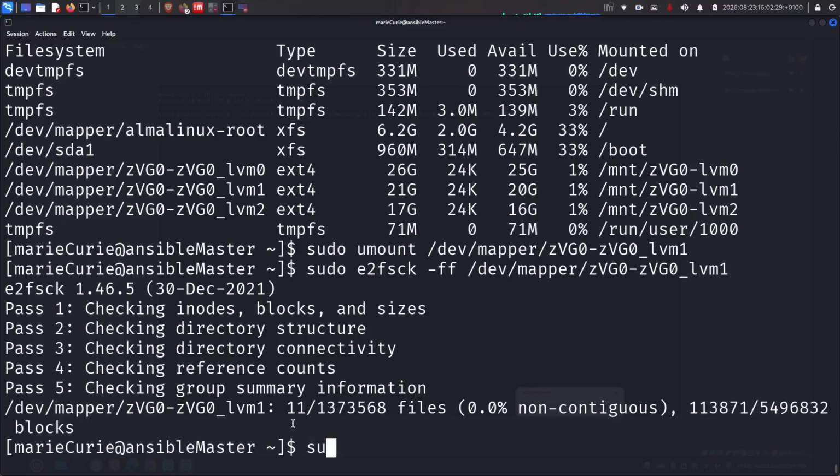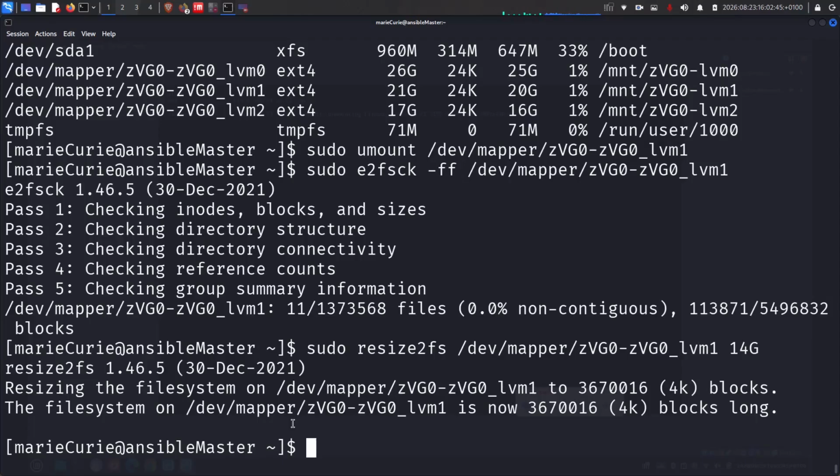Now I am going to run sudo resize2fs, sudo resize2fs. Okay, file system and 14GB. 14G is enough. Okay, now I'm going to remove from the LVM.